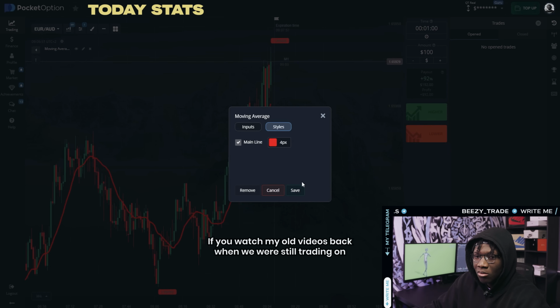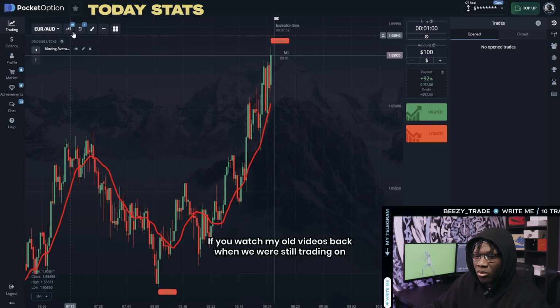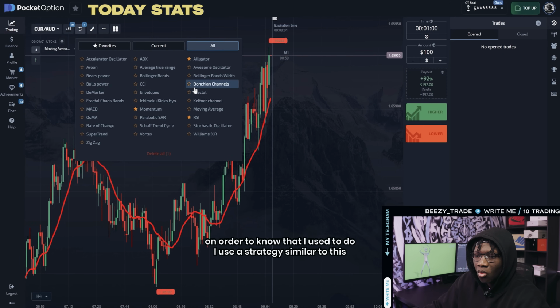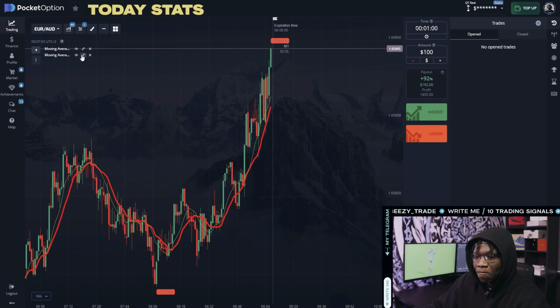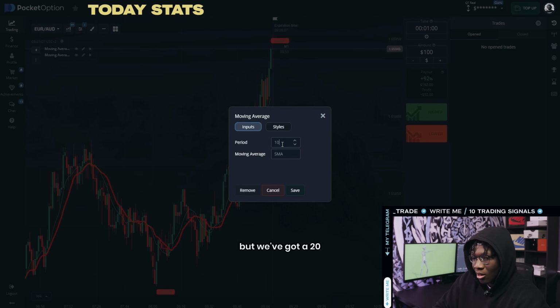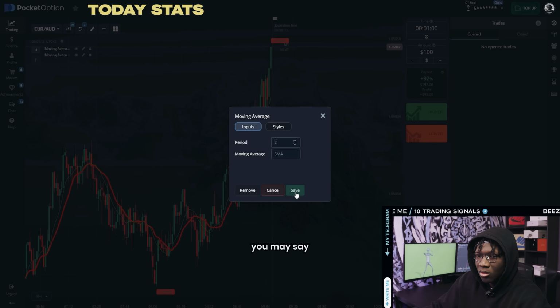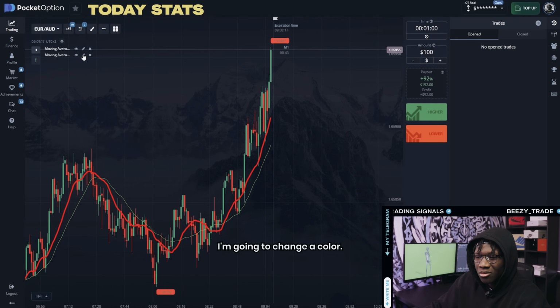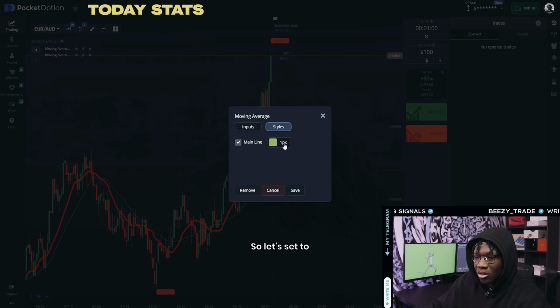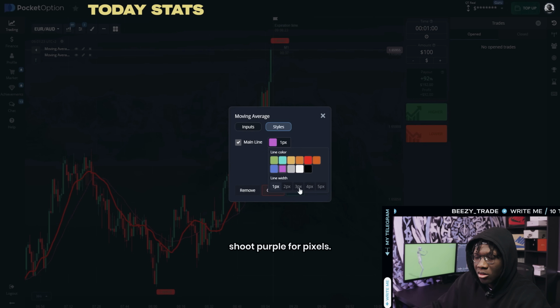If you watch my older videos back when we were still trading Forex, you would know that I used a strategy similar to this, but with a 20 EMA, I think 25 EMA. Save. Let's change that color to purple, 4 pixels.